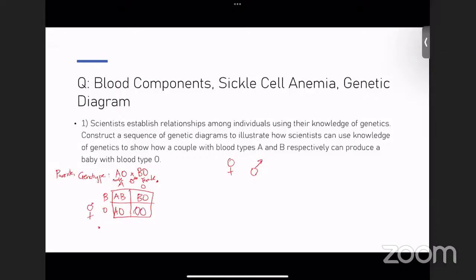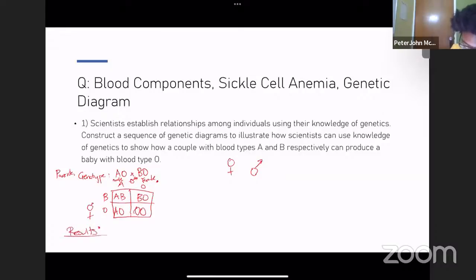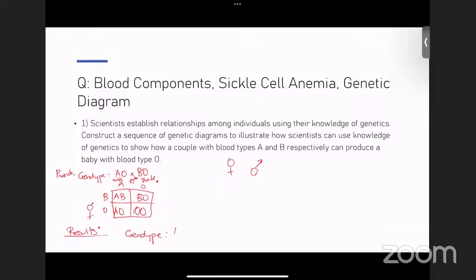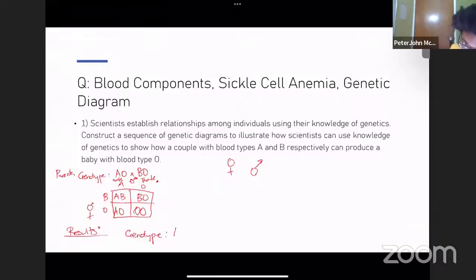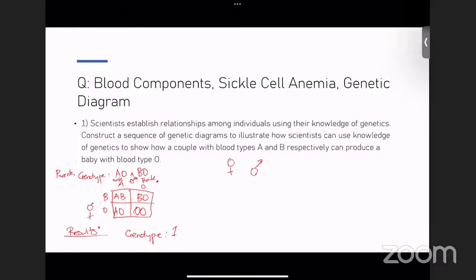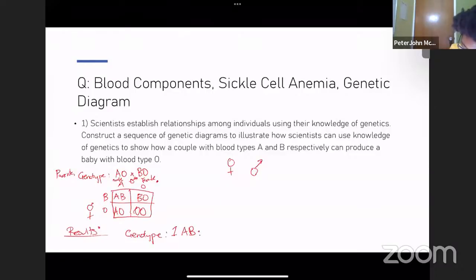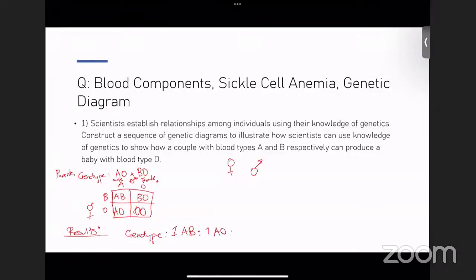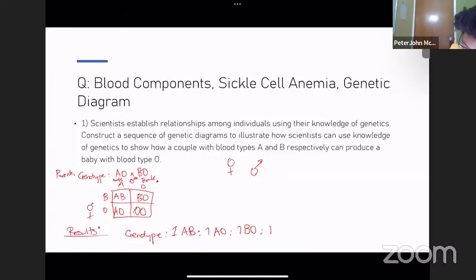Now we're gonna write our results. When we're writing our genotype, what's our resultant genotype? 1 AB, 1 AO, 1 BO, and 1 OO.